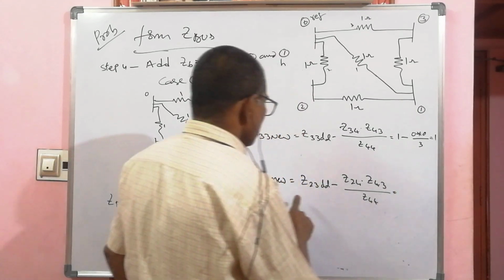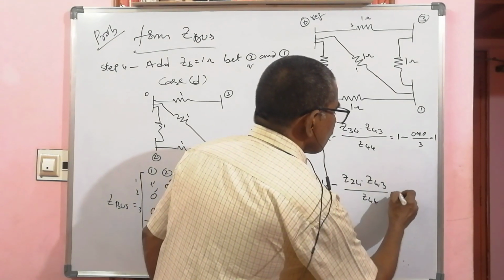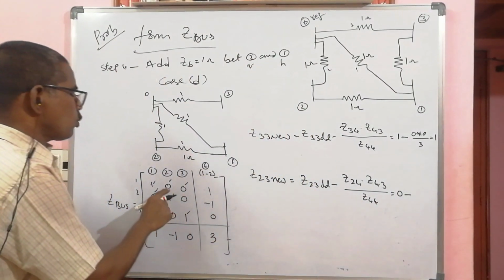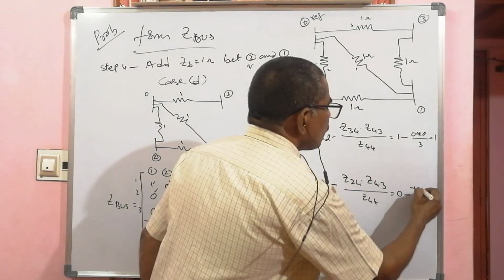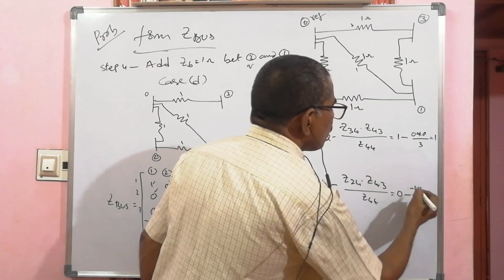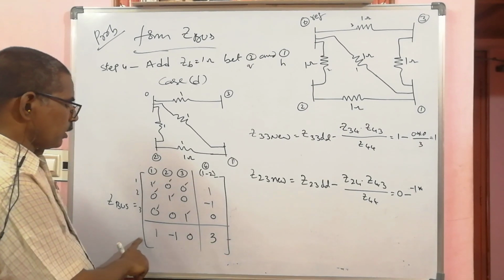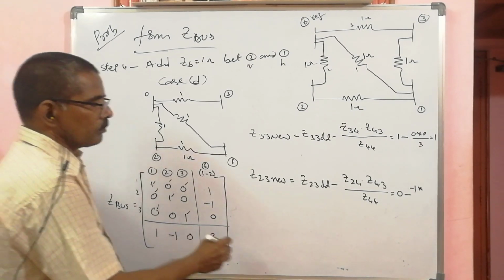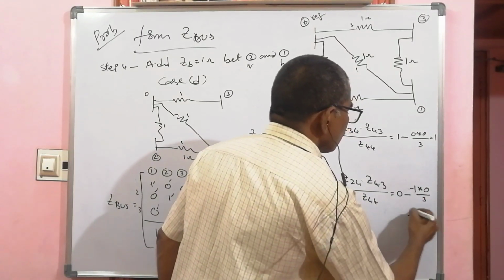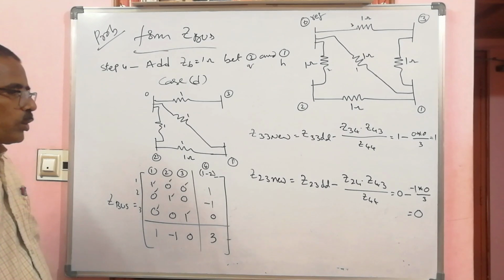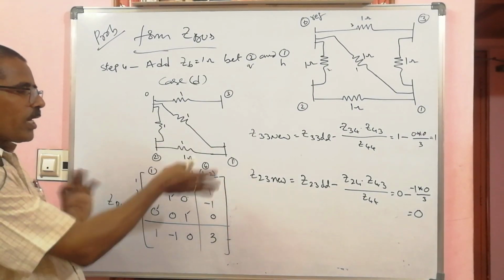Z23 old is 0 minus Z24, which is minus 1. Z24 and Z43, 0, divided by 3. Anyway, this is 0. Z23 is 0. So this is 0, this is 0. So these are all the new values which we obtained.